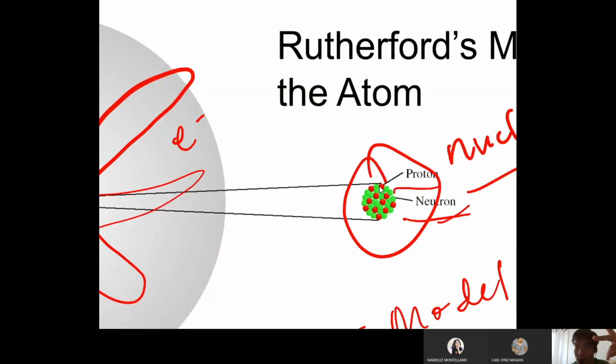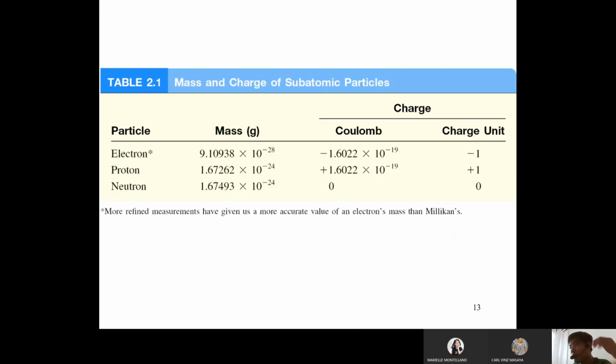Siya yung parang cover sa mga protons. Kaya mas maraming neutrons talaga. So, sila yung pangtakip sa mga proton para hindi sila mag-interact. Ayun. Yun lang.